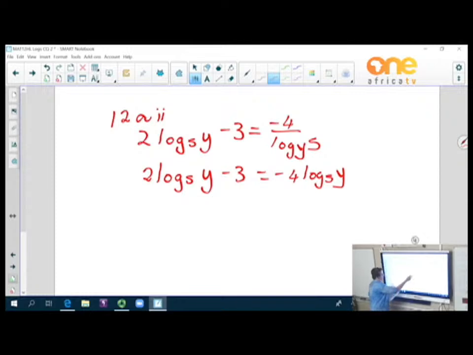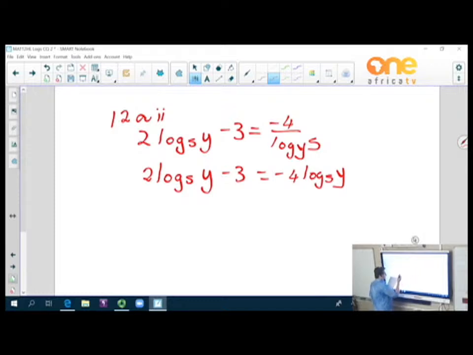Okay? You can ask now, why didn't I change the 3? It is just easier to solve it without changing this one also to log base 5 of 125. You can do it, but it simplifies easier if we don't do that. So now I'm bringing this one over.